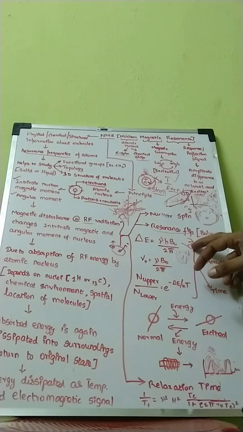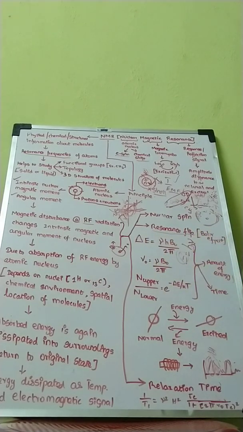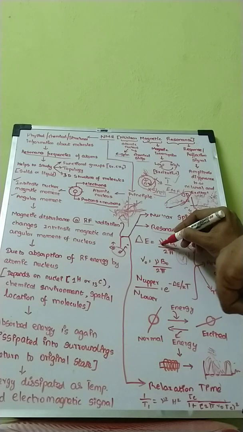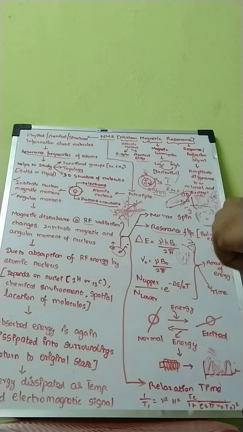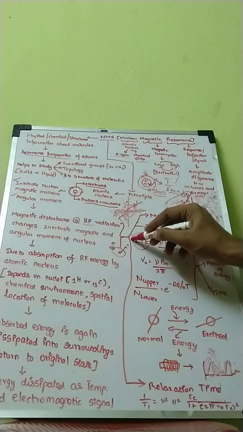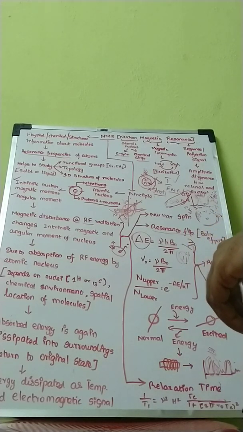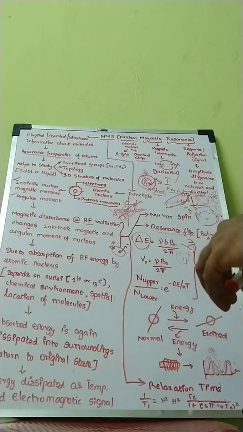You are going to study this h mu in this formula using certain individual things. One is your electron energy potential in a normal condition or excited condition. Another one is your magnetic field potential, how much magnetic field is given by you on top of this atom. When you substitute each and every value, you will understand the total amount of energy present in the particular atom. If it is a normal atom, it will have one energy. If it is excited, it will have a different energy level.